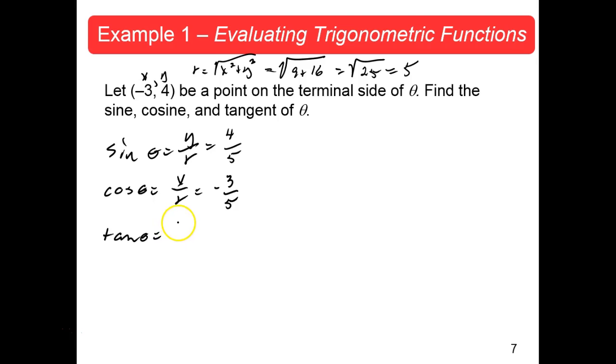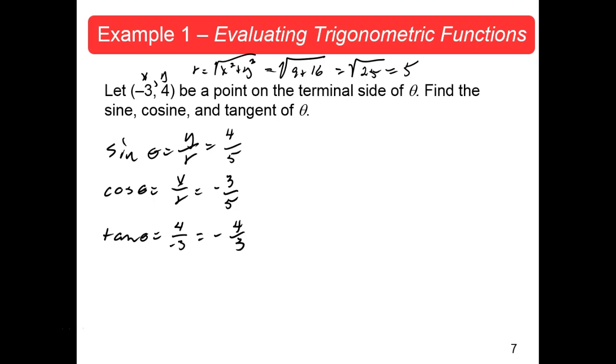Y over x, negative 3, so that would be negative 4/3. Perfect, you did it. And you could come up with the other 3 trig functions, couldn't you? Cotangent would be negative 3/4. Secant would be negative 5/3, and cosecant would be 5/4. Done.